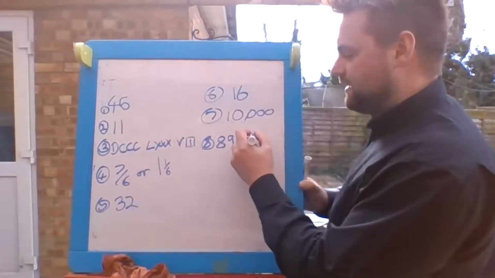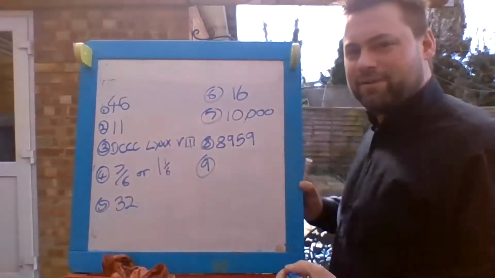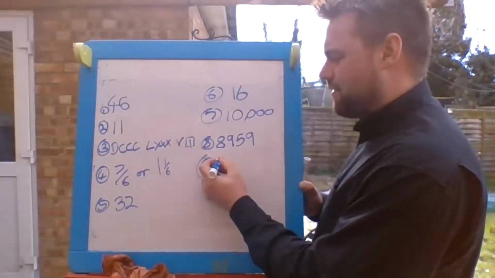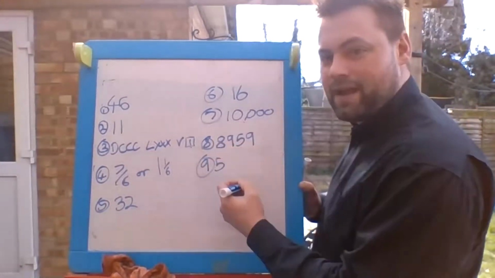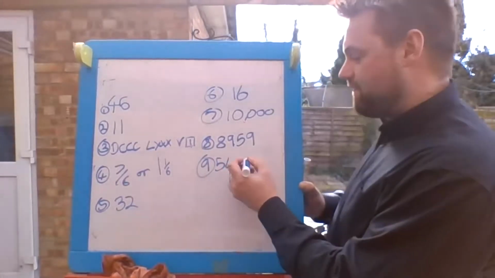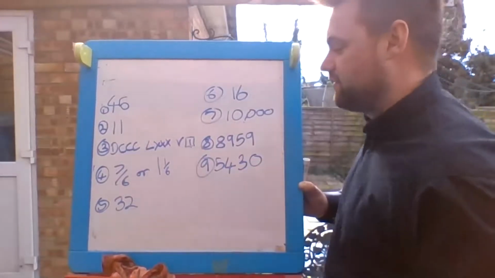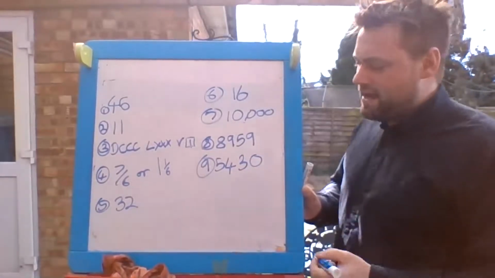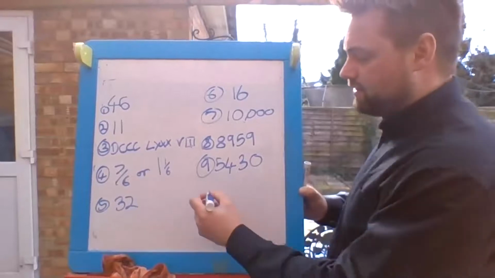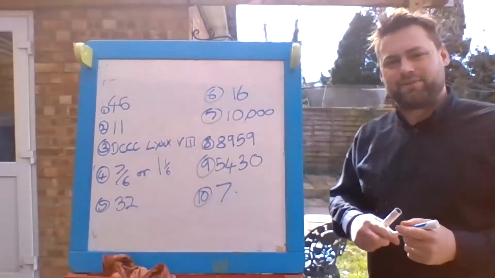And 3 plus 6 is equal to 9. That gives 8,959. Now we're taking away. 9,000 take away 4,000 is 5,000. 800 take away 400 is 400. 70 take away 40 is 30. And 5 take away 5 is 0. That gives 5,430. And then the last question, 49 divided by 7 is 7.